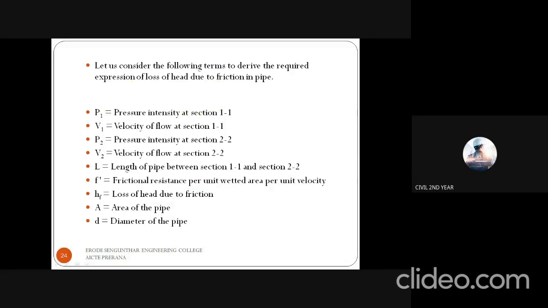P1 pressure intensity at section 1-1, V1 velocity of flow at section 1-1, P2 pressure intensity at section 2-2, V2 velocity of flow at section 2-2, L length of pipe between section 1-1 and section 2-2, f dash frictional resistance per unit wetted area per unit velocity, hf loss of head due to friction, A the area of the pipe, and D the diameter of the pipe. So these are the notations.